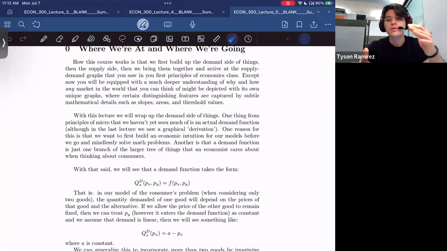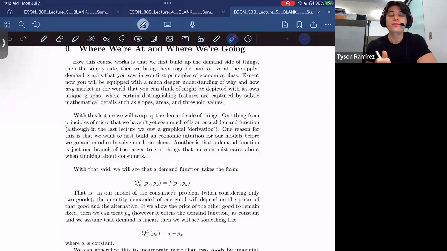All right. So we want to build up this economic intuition first before we just go and mindlessly solve math problems. Because if there are math problems with no application to the real world or no economic intuition, then it's pretty pointless and you're just solving math problems for the fun of it, which is fun if you like that, but this is the science and we want to go deeper.